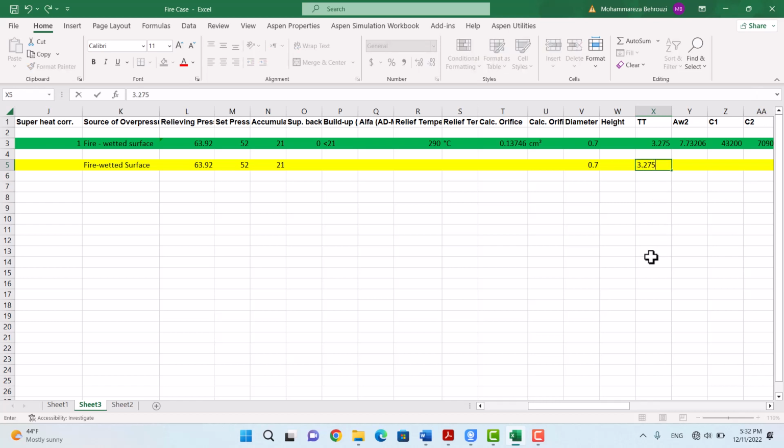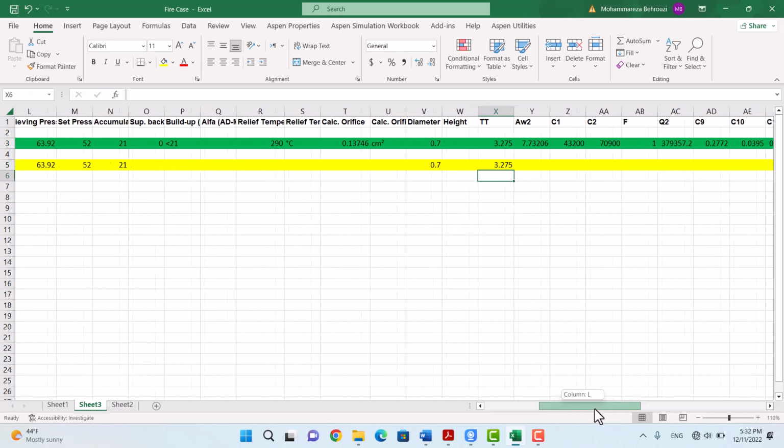As I said, the height of exposure is in fact the height between low tangent line to the up tangent line to above tangent line during design basis.